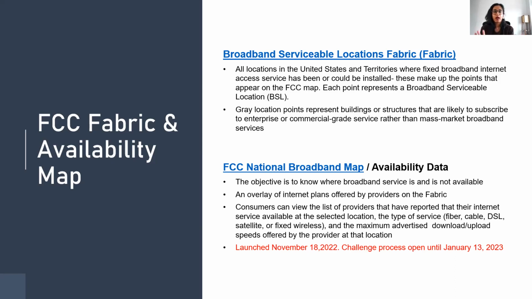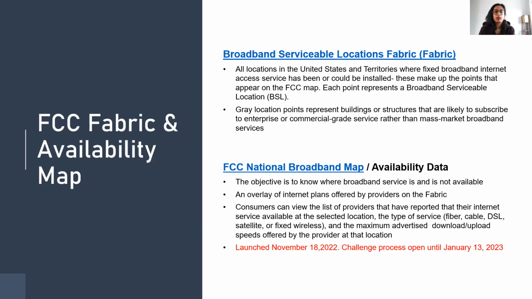Each point on this fabric is referred to as a broadband serviceable location. The ones that are not referred to as broadband serviceable locations are those that would subscribe to enterprise or commercial grade service over the mass market broadband service that is available.